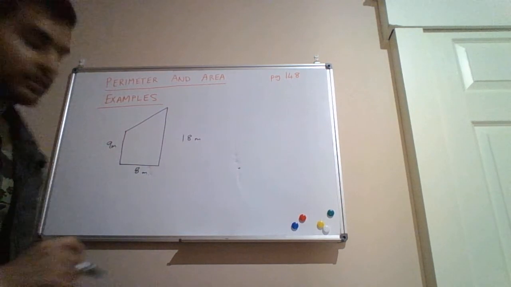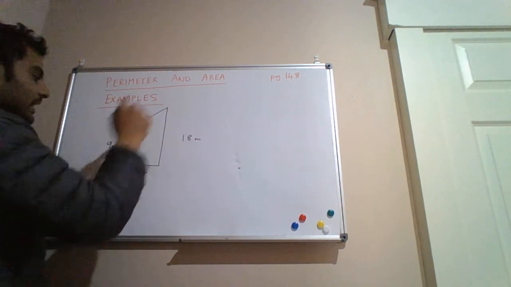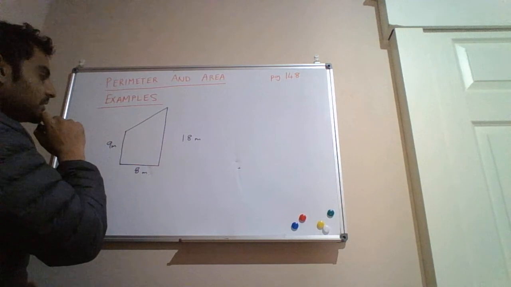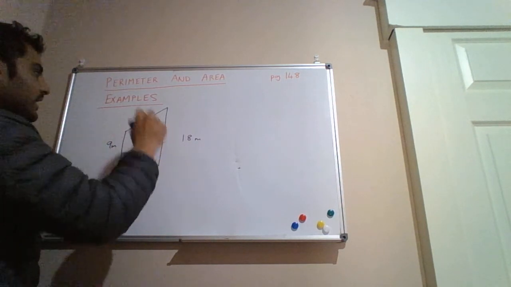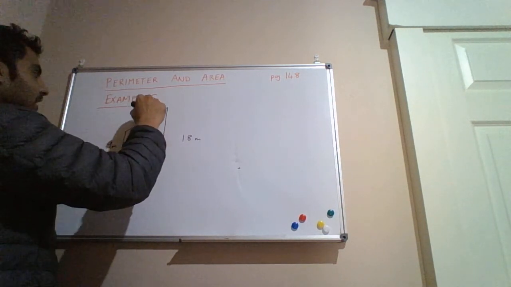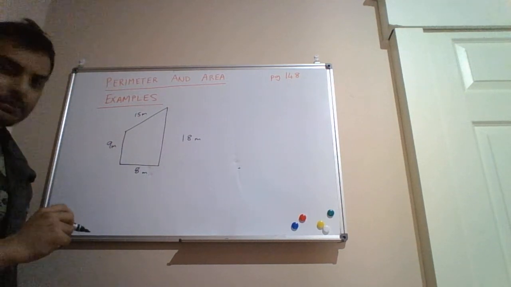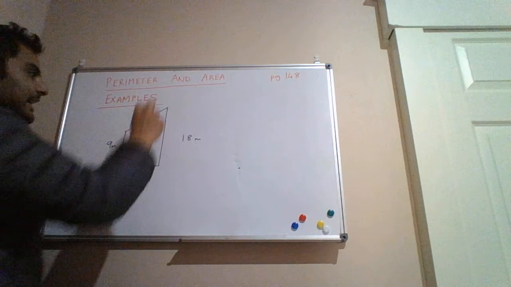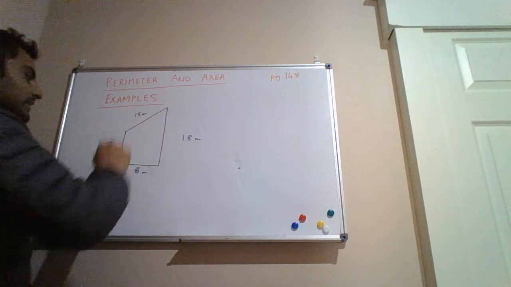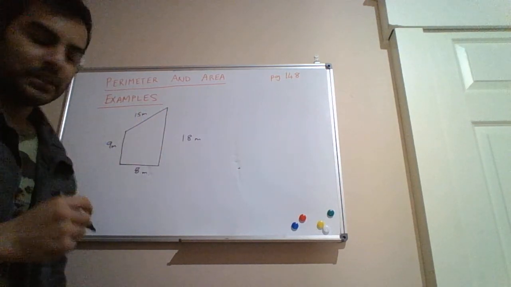Okay, over here, this shape has a base of 8, this is 9, and this is 15. Okay, so I hope you guys can read it clearly, but let me read it out. This side is 8, this side is 18, this side is 15, and this side is 9.